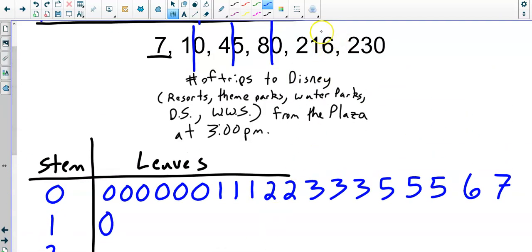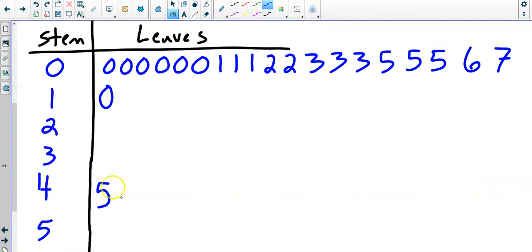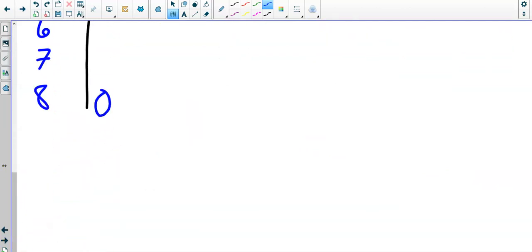Here's my rightmost digit. I cut it. Now my stem is 21. So from here, again, this is what makes stem and leaf plots long. I would now have to count out all the way to 21. Now, the stem and leaf plots that you will have to deal with, you won't have to do this. It'll be nice and easy.